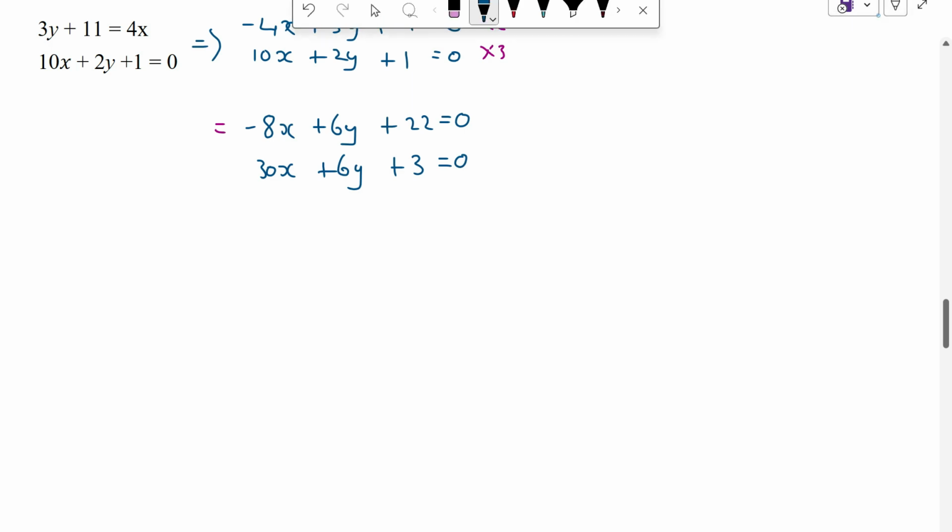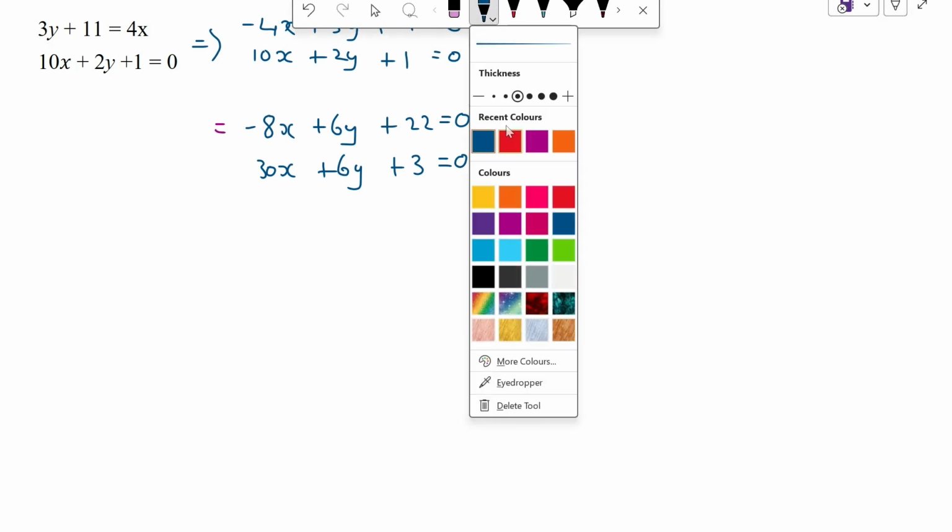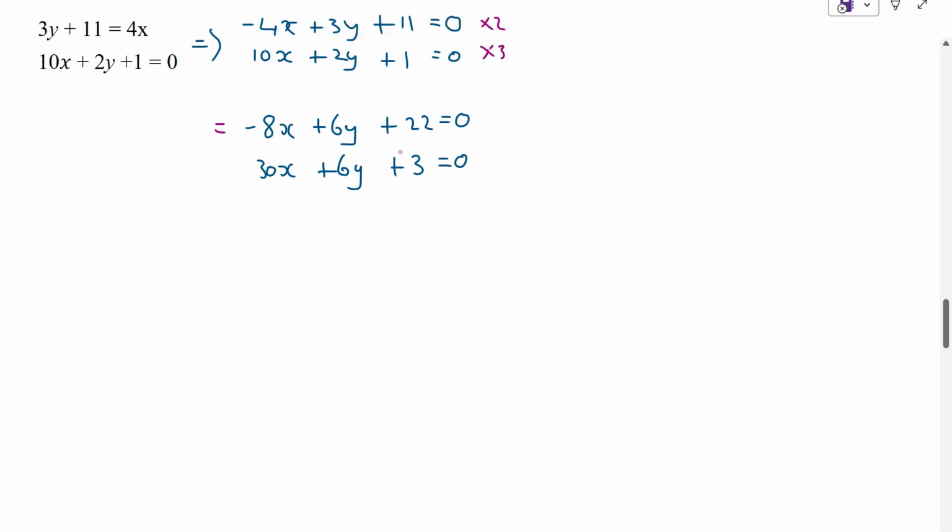Okay, now we need to cancel out the y's. So positive and a positive, we're just going to minus. I'm going to apply that to all of the terms in this equation. So minus 8 minus 30 gives us minus 38x.